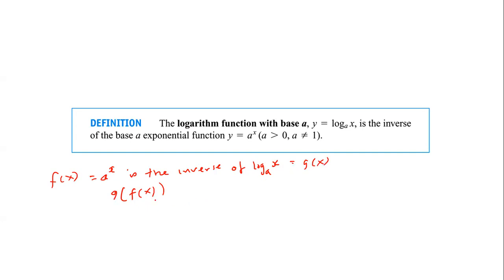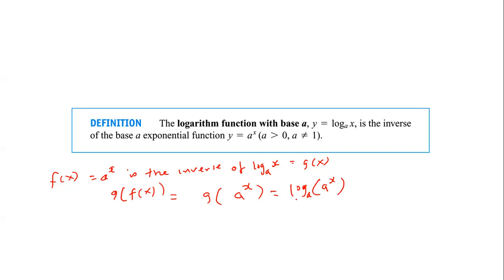So g of f of x will be equal to g of a to the power x, because it's g of f of x. And g of anything is nothing but the log to the base a of that thing, of a to the power x.